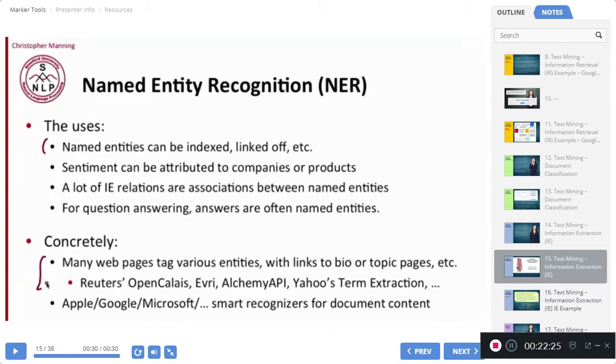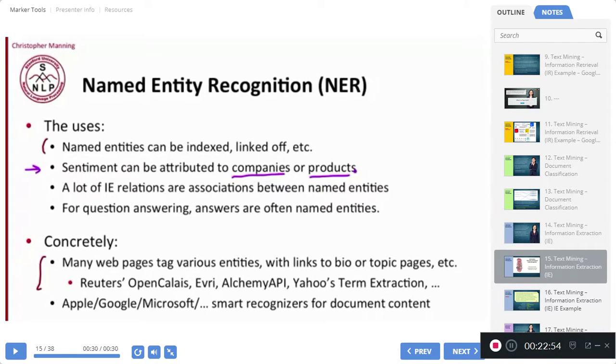There are a whole bunch of commercial products that run as web services that allow you to do that kind of thing. If in general you want to be crawling the web and picking up sentiment, we discussed earlier detecting sentiment as to whether it's positive or negative, but you will then also need to work out who the sentiment is about or what the sentiment is about. At that point you need to be picking out the company or product names in the text, and that's a task of named entity recognition.